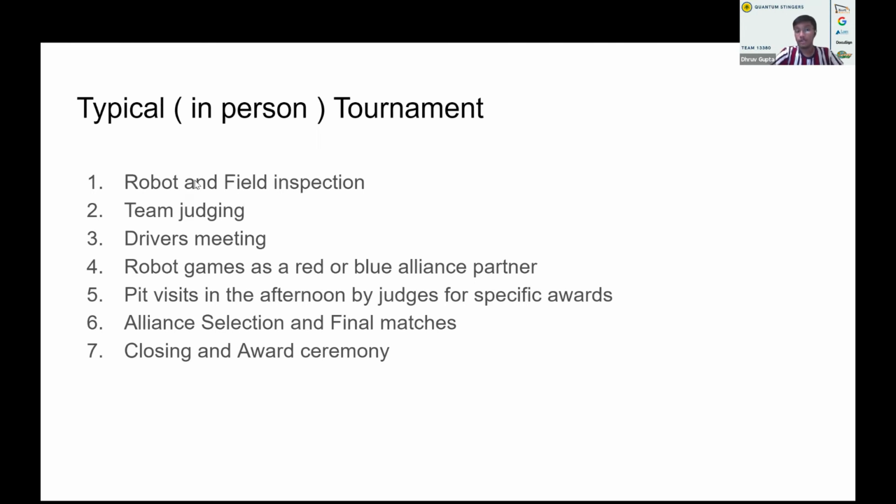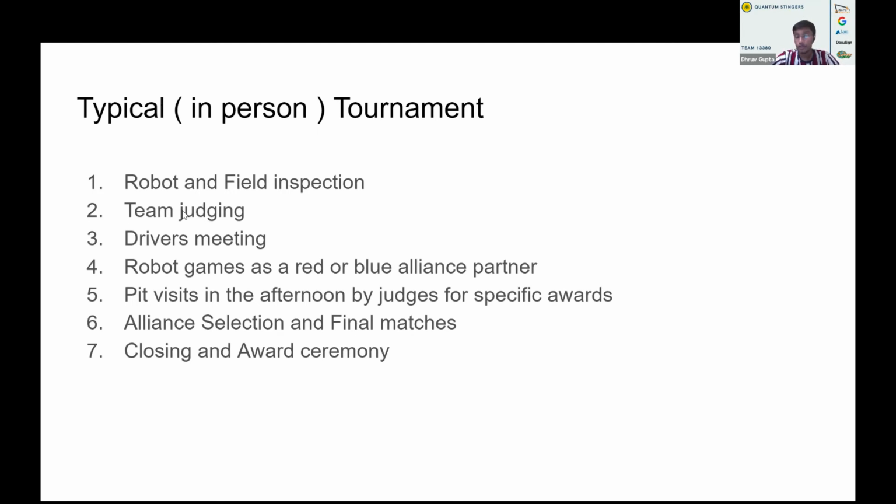Now, if your robot does fail the robot inspection, say that you're maybe 18.5 inches in height, then you will still have time during the robot and field inspection period to make those changes and get your robot inspected again. At the same time, there will also be team judging.